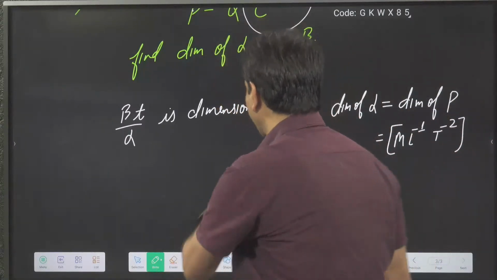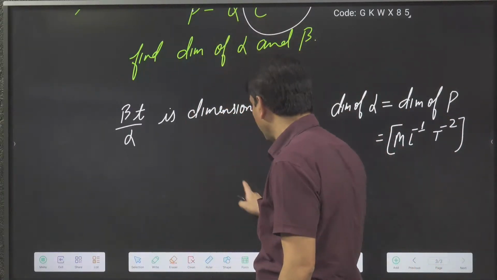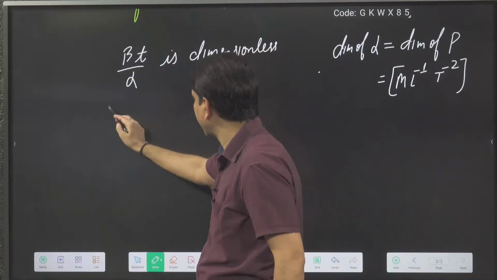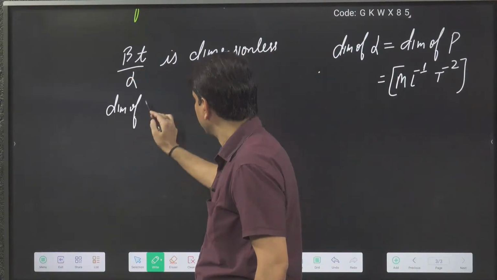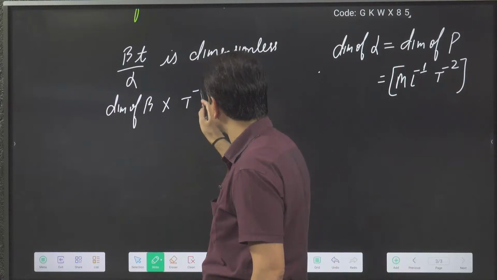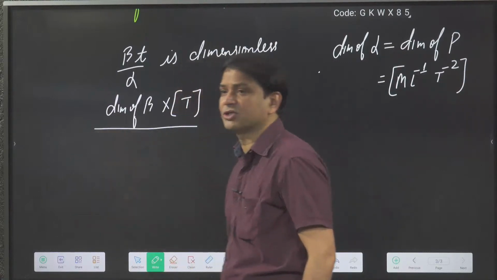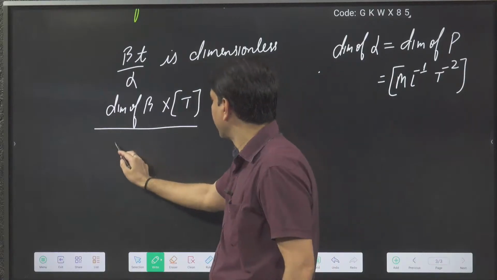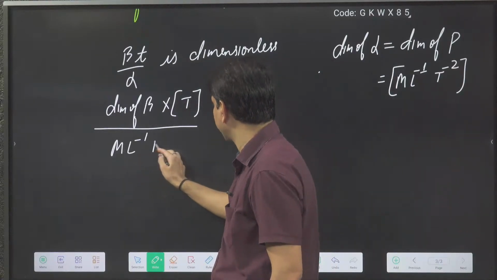Now I will come to beta. Here two quantities are multiplied and one is dividing. So dimension of beta into dimension of T, that is T, upon dimension of alpha, which is M L minus 1 T minus 2.